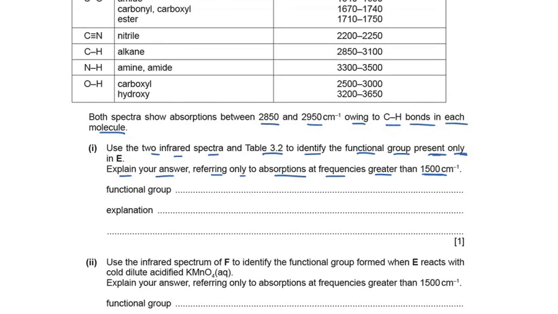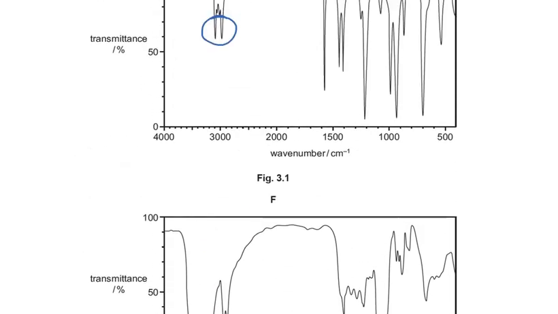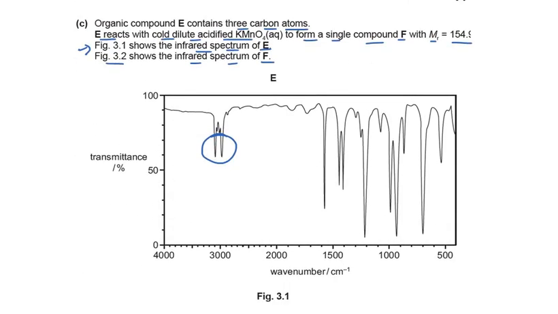So let's see the structure of E. Organic compound E contains 3 carbon atoms, and E reacts with cold dilute acidified KMnO4 to form a single compound F. So if E is reacting with cold dilute acidified KMnO4, I guess there should be a C double bond C which reacts with the cold dilute acidified KMnO4 to form a diol.